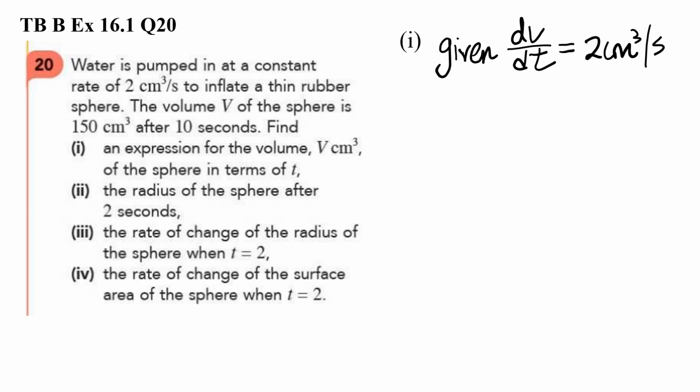You need to integrate dy over dx to get y. So likewise, if you want to find volume, you need to integrate your dV over dt to get your V, right? So this is exactly what we're going to do.